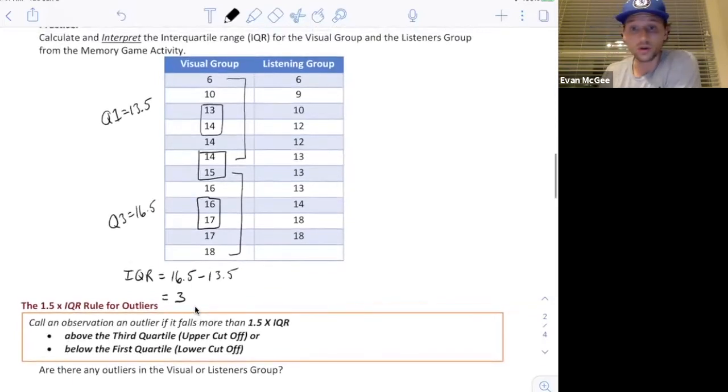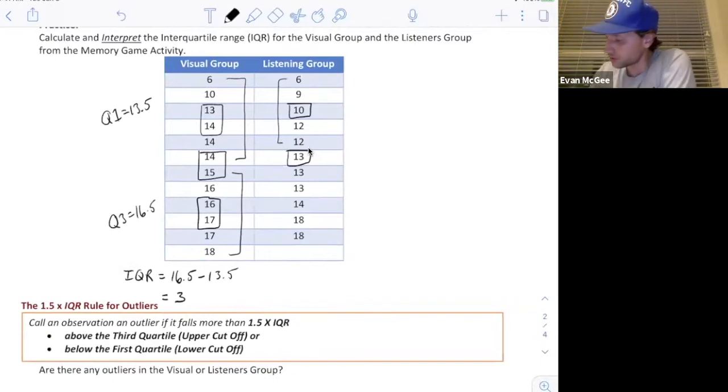Let's find the IQR for the listening group. So we knew that the median was 13, the very middle number, or Q2 really is the median. Now let's find the middle of the first half, which has 5 numbers. So 10 is the middle. There's 2 above and 2 below.